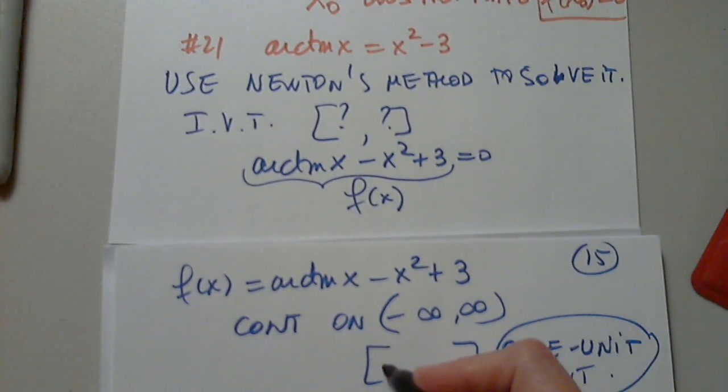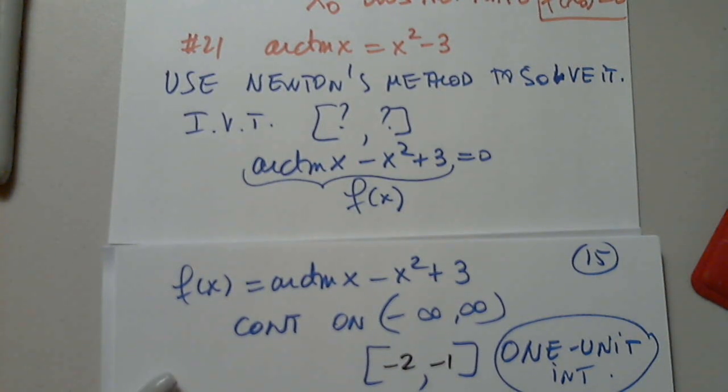My one solution will definitely be between -2 and -1, and that is stated and guaranteed by the intermediate value theorem for a continuous function that changes sign on the 1 unit interval between -2 and -1. Awesome.